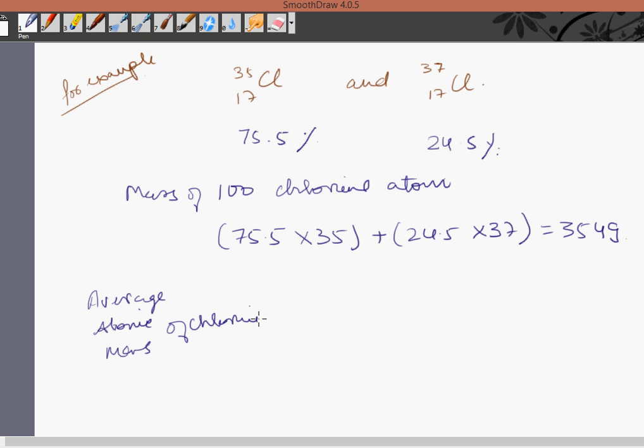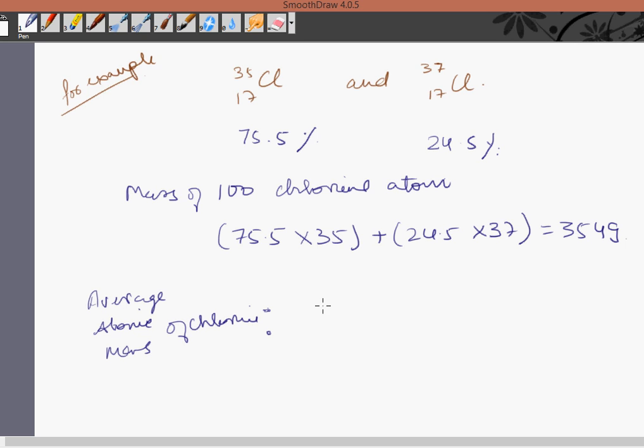as we are taking the atomic mass of an element representing the weighted average of all the naturally occurring isotopes of that element. This you have to keep in mind. We are taking the abundance of that particular element.